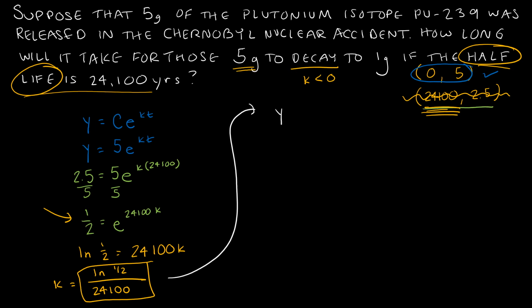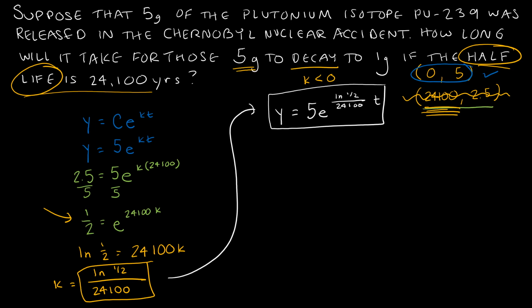I have y equals, c is now 5, k is now the natural log of 1/2 divided by 24,100. So that is my model. If they said write the model, I would be done right here. And again, I could reduce that k to a decimal equivalent, but I'm choosing not to do that.